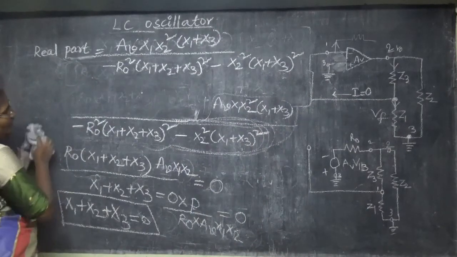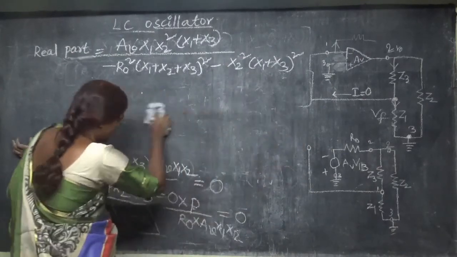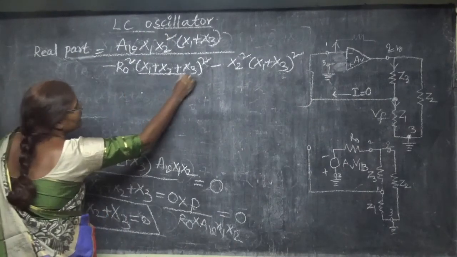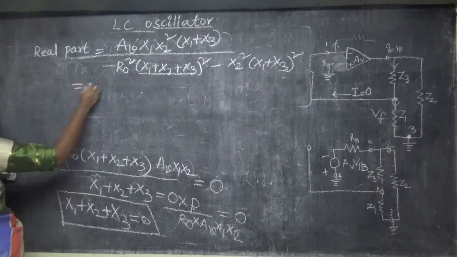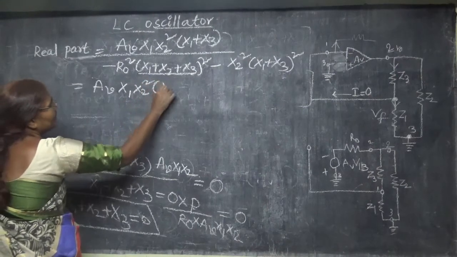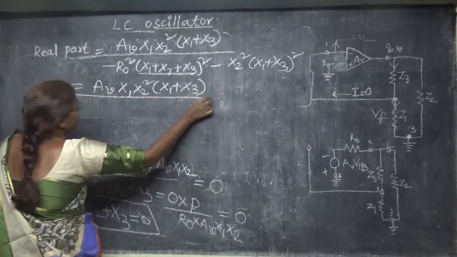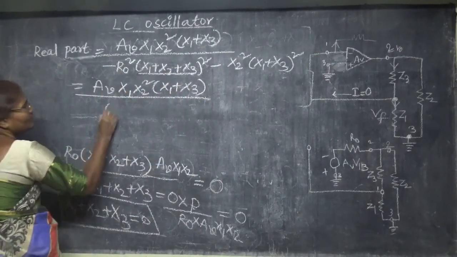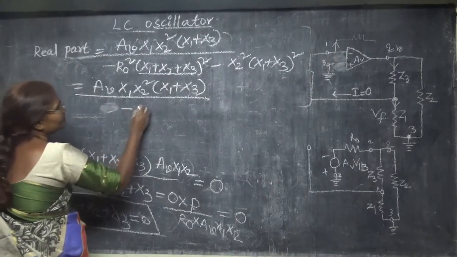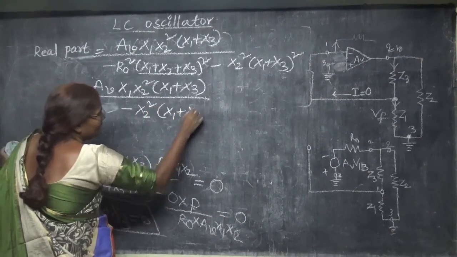So what I got while making the imaginary part 0 is x1 plus x2 plus x3 is equal to 0. So this total thing is going to be 0. So AB into x1 x2 square (x1 plus x3) divided by 0 into something is 0, so I can remove this, minus x2 square into (x1 plus x3) whole square.